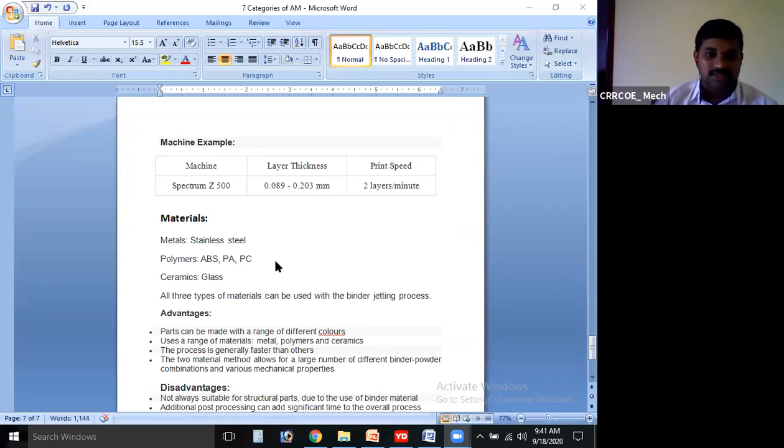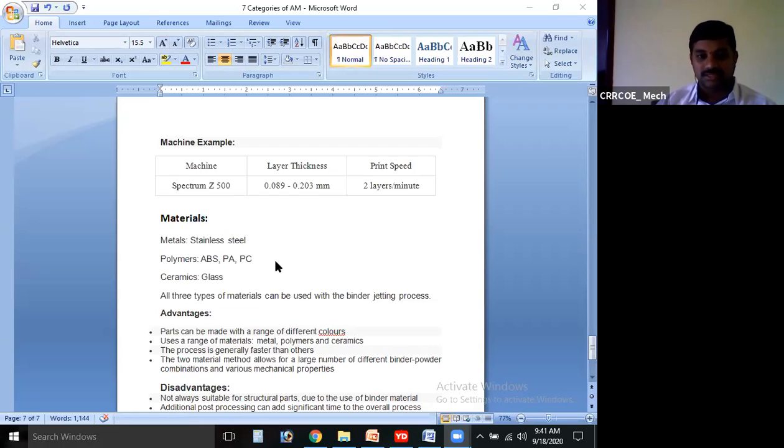One more important thing is the layer thickness. Every method involves depositing material layer by layer, whether powder, liquid, or solid, and it must have some thickness.